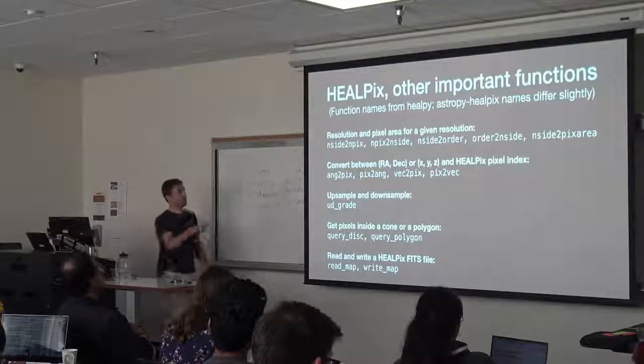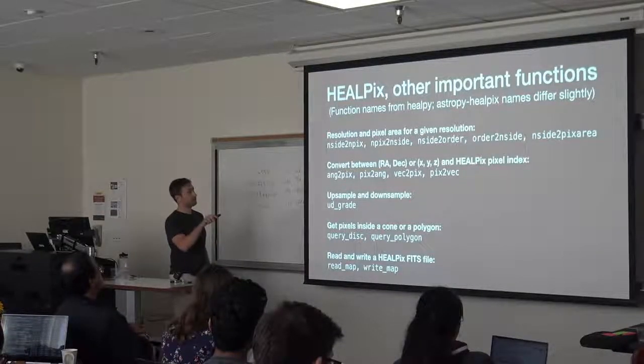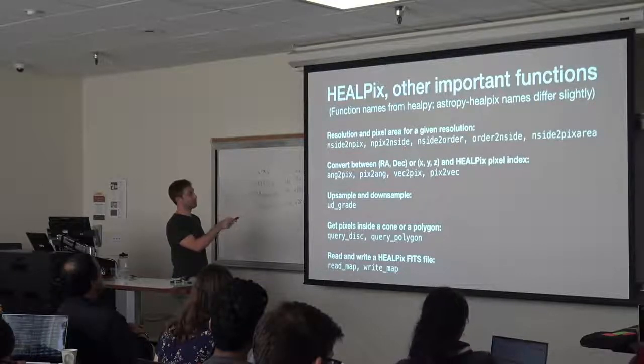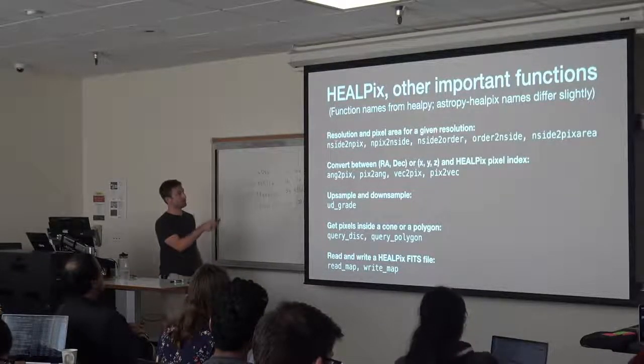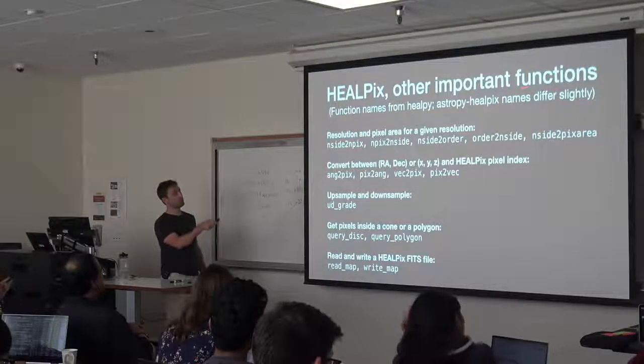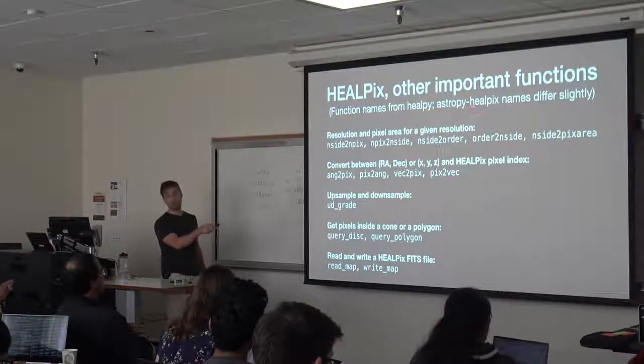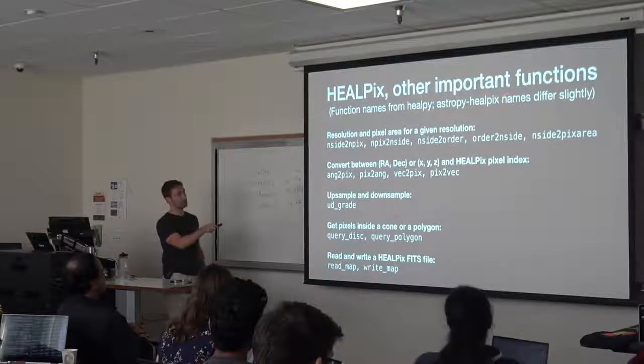So there are a bunch of other important HEALPIX functions, several of which you'll be using in the hands-on session. These are all from a popular HEALPIX library called Astropy HEALPix.